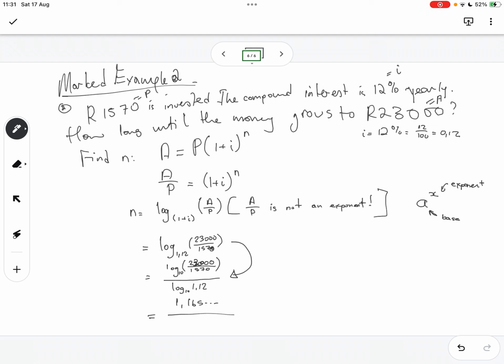This is divided by, open bracket, log of 1.12. That gives us 23.69 years. So roughly 24 years.